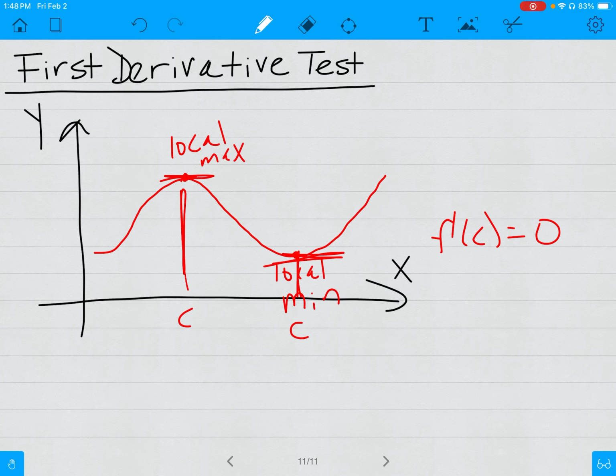When we look at a local maximum, for example, to the left of a local maximum, the derivative is increasing. To the right of a local maximum, the derivative is decreasing. So as we read from left to right along the graph, if the derivatives go from positive to negative, that defines a local maximum.